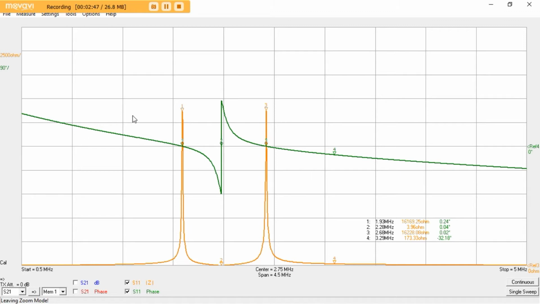This is very typical for this type of cylindrical Tesla coil. I've shown this a lot on my site before. As said before, it has the 2 parallel modes to 2 series and the single series fundamental resonant frequency here at marker 2. We can see that the 2 parallel modes are at 1.93 megacycles and 2.68 megacycles, and the series mode is at 2.28 megacycles.